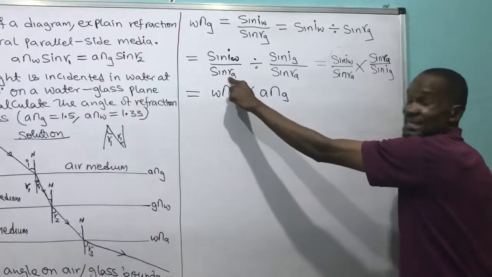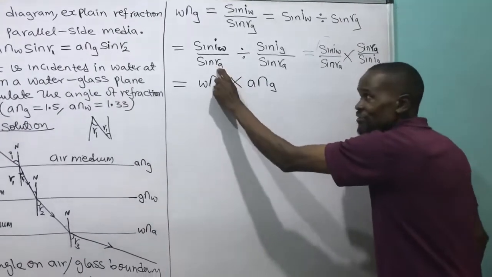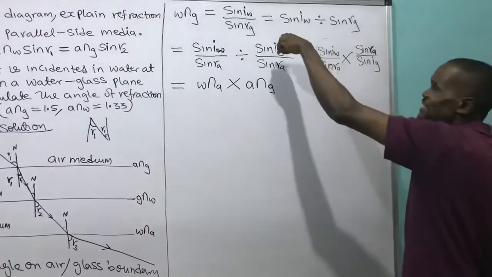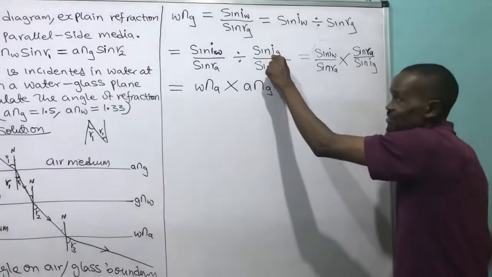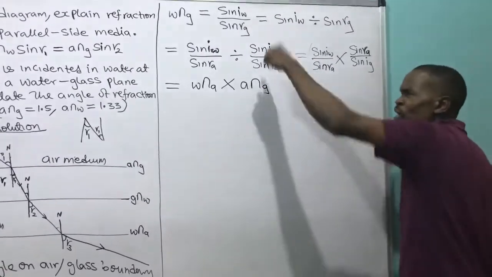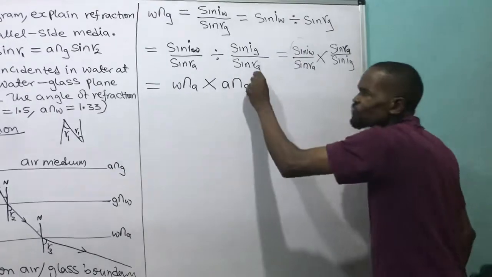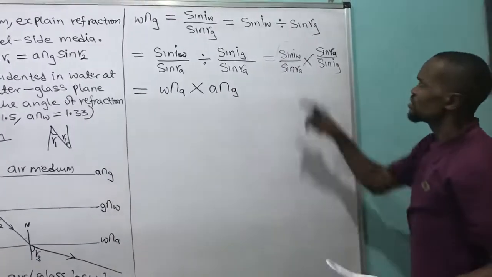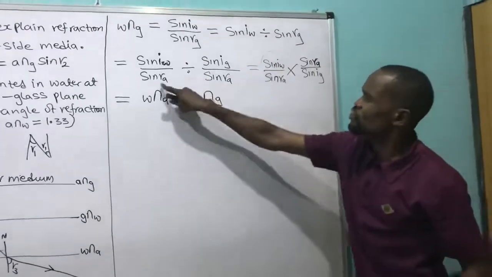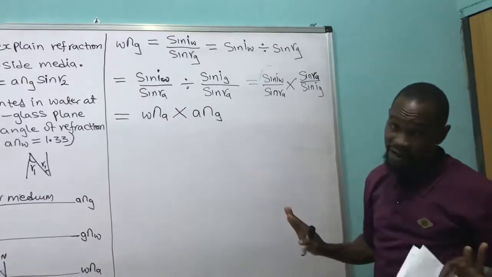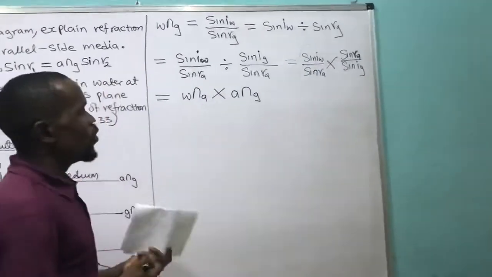I will refract in air first. After refracting in air first, I incident again in glass. If I'm going out from glass, I will refract into air before I get another medium. So that's how this turned to this. You get it right? Then now, we move.